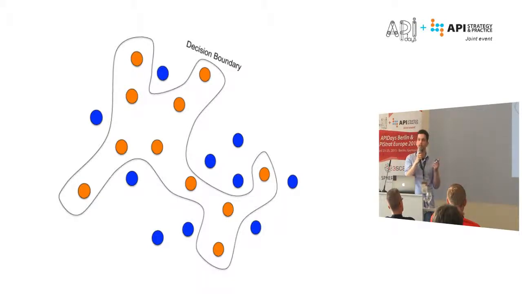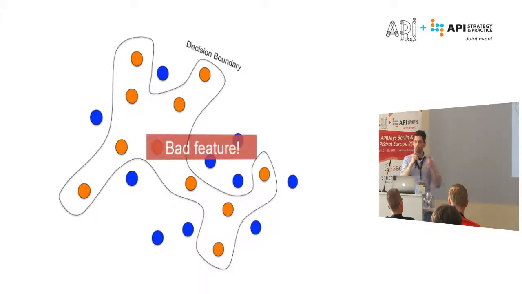There are two things which are important. The better your feature is, the less complex the model is that you need to train. And the second thing is, even if you want to go for a really complex model, and you will always find one that is perfectly able to classify your training data, it doesn't mean that it also works well on novel or test data. So even then it makes sense to come up with a good feature.